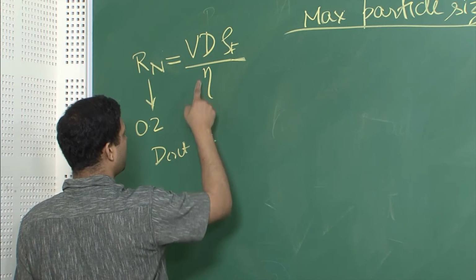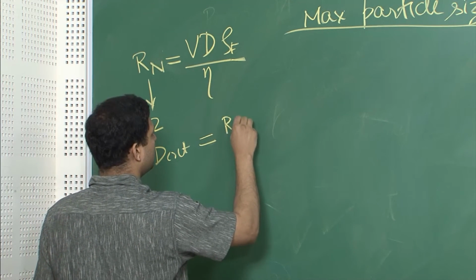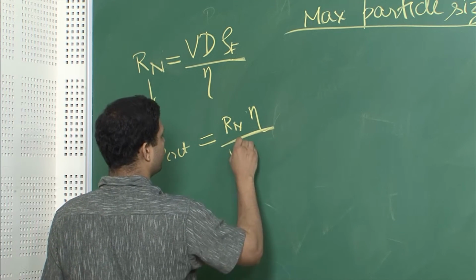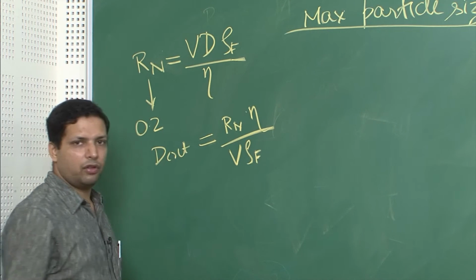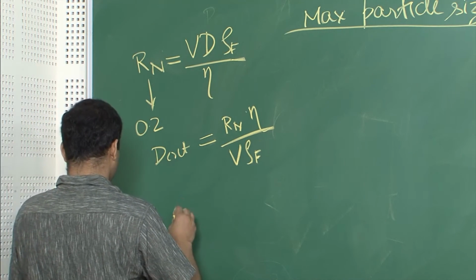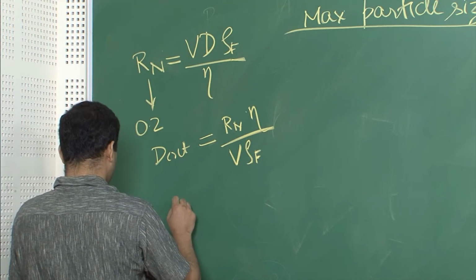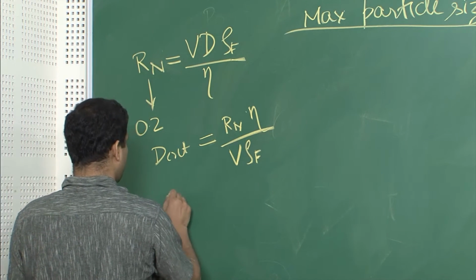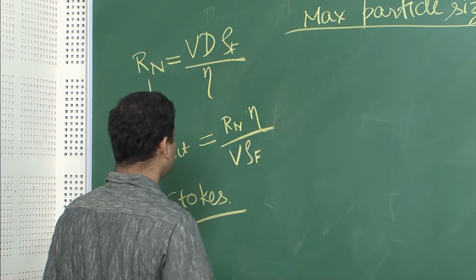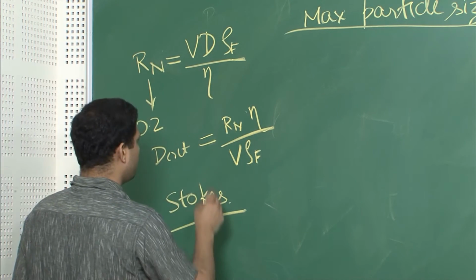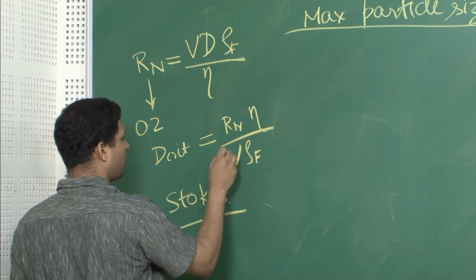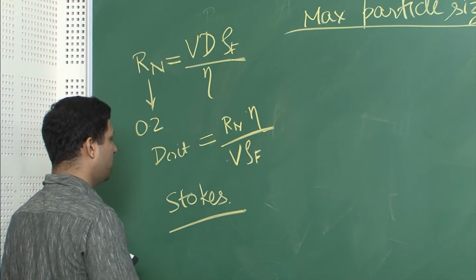will be equal to Rn times V rho f, and we also have the diameter from the other equation where we used the Stokes law. So we want to find the d critical that we obtain from here and put that value into Stokes law.